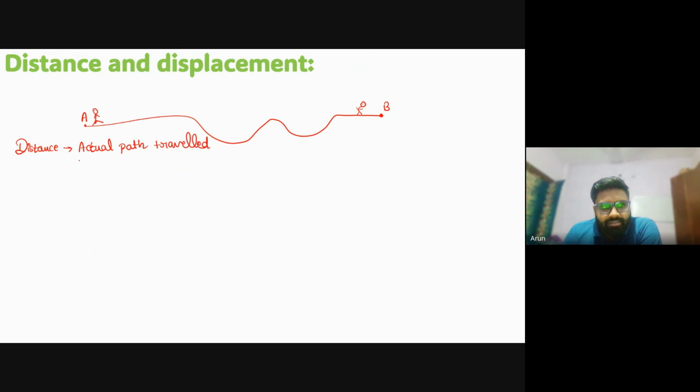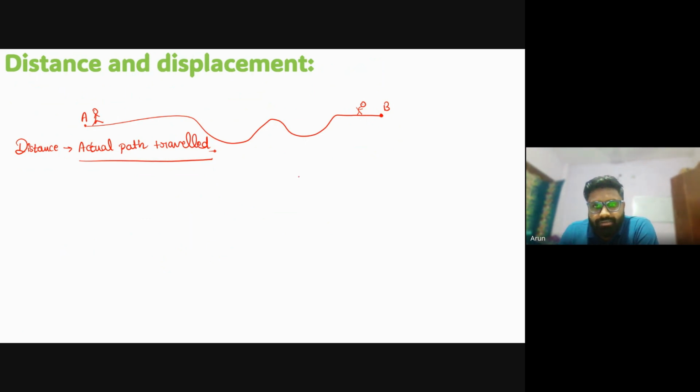No matter how many turns you have taken, no matter if you have returned to your home and then gone back to that position, whatever path you have covered in your journey will be counted as distance. Got it? So distance is nothing but the actual path traveled.